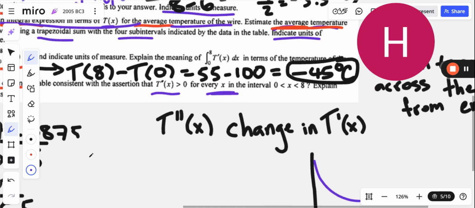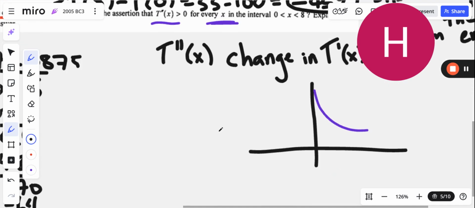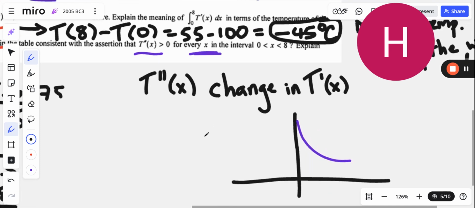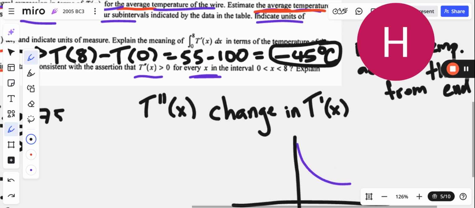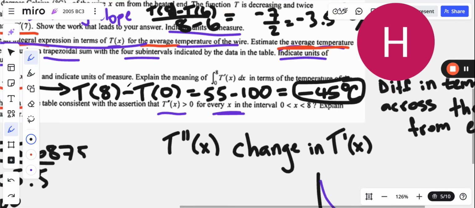So we need to look at some changes in temperature and find out if it's fluctuating at all, because that's what the second derivative would tell us, right?